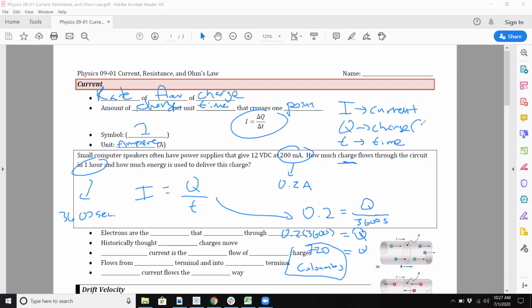Sometimes we use capital C. Just know Q represents charge, or the amount of charge that a particle has.